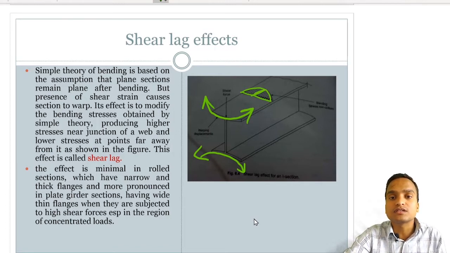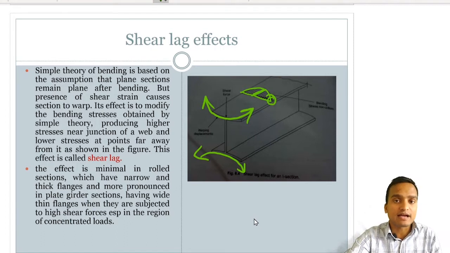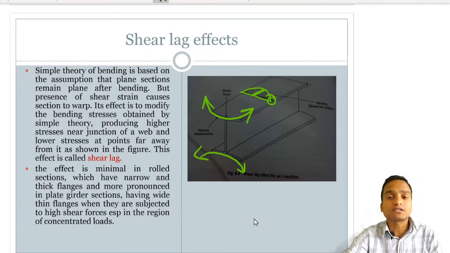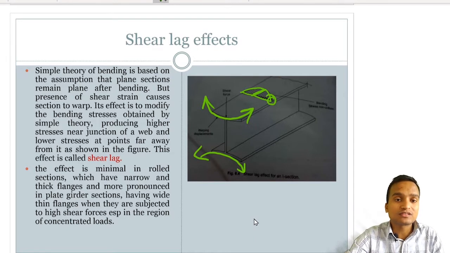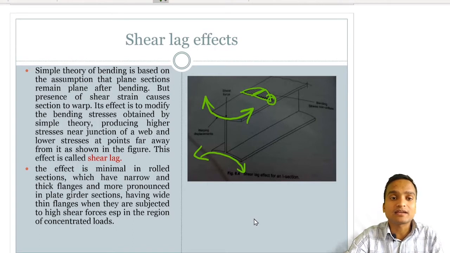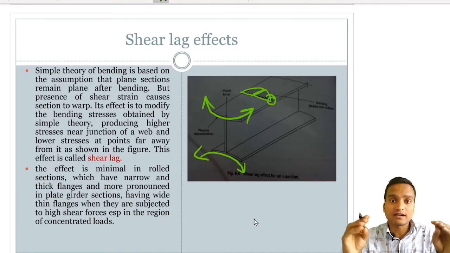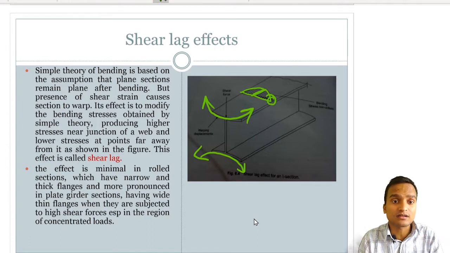So at the junction there is high stress, and at points away from the junction there are lower stresses. Such behavior is called the shear lag effect, and the effect is minimal in rolled sections which have narrow and thick flanges, narrow flanges at the projections and thick flanges at the junction, and more pronounced in plate girder section.